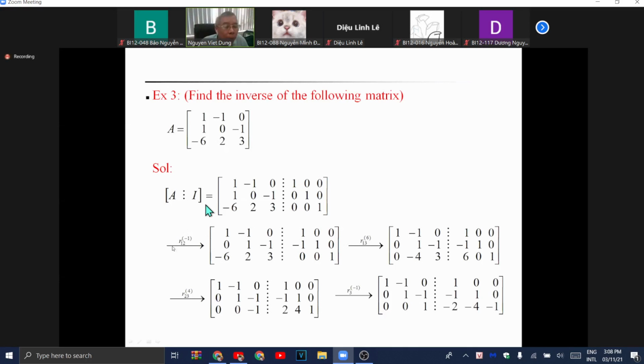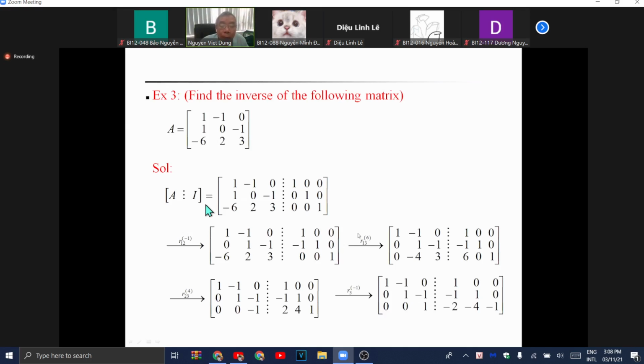That operation means we multiply the first row by -2 and we add that to the second row. It means that we need to make that entry become 0. The first row is unchanged, the last row is unchanged, but the second row now becomes this. And correspondingly, the identity part now becomes this.